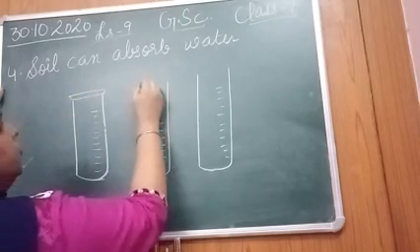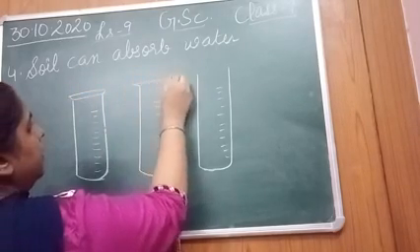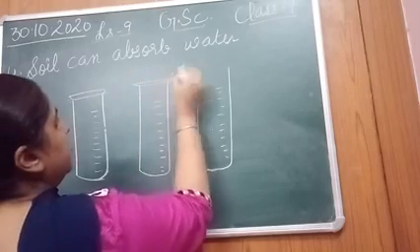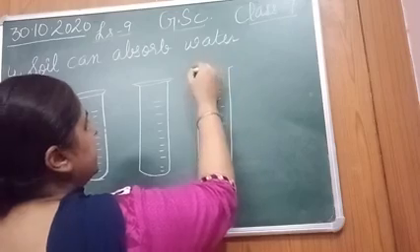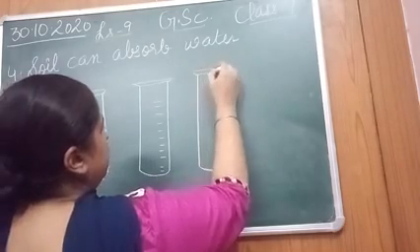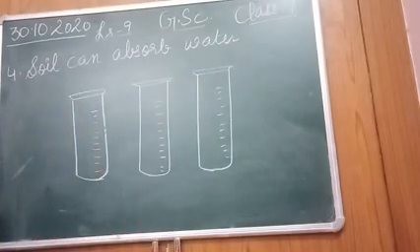Like this. You can use the scale, right, to make the straight lines. These are the graduated cylinders.